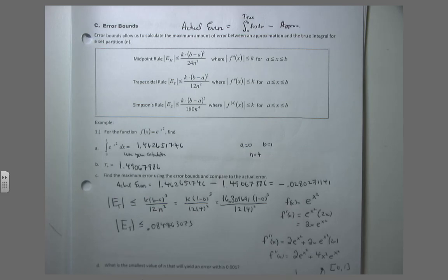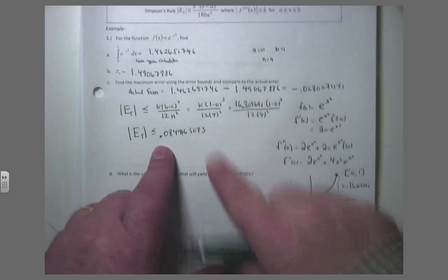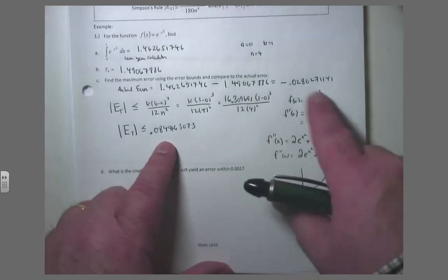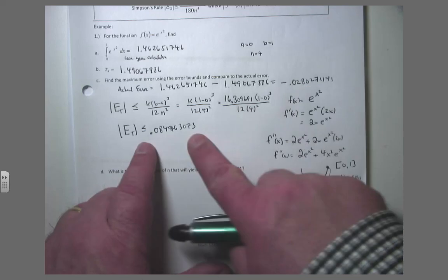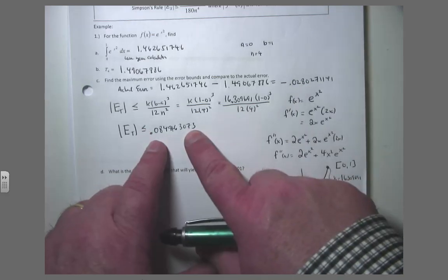It doesn't actually use the integral. It uses some weird deal about the second derivative or the fourth derivative at best. Does that make sense? So it does give me a less than or equal to bound, but it's not perfect. The point is that it doesn't use the integral.